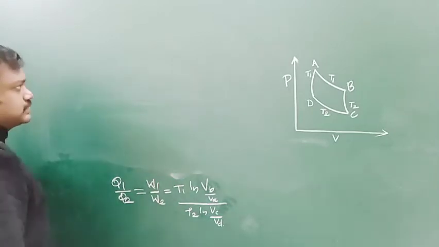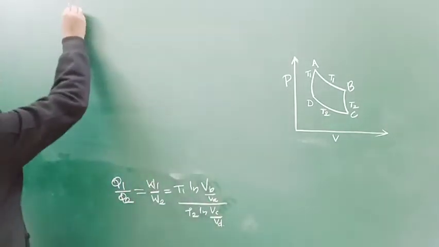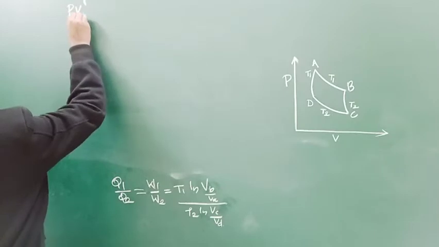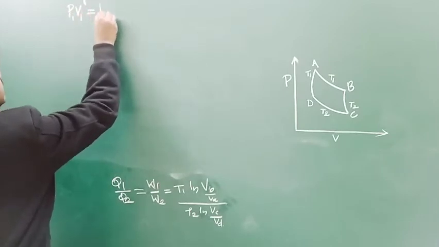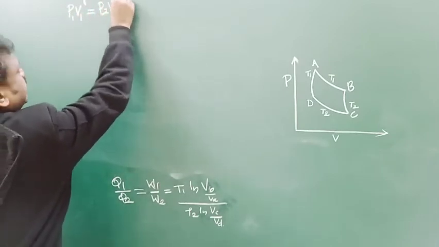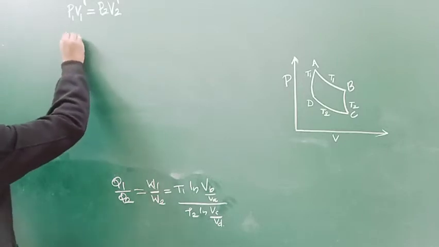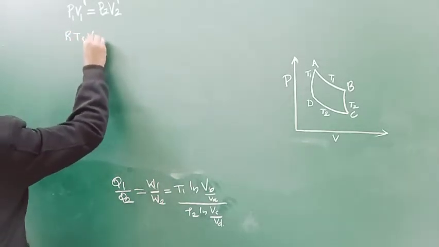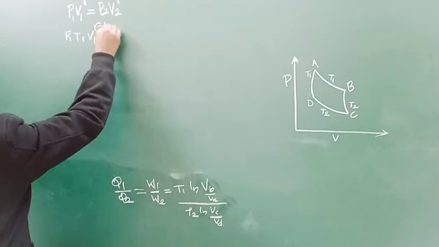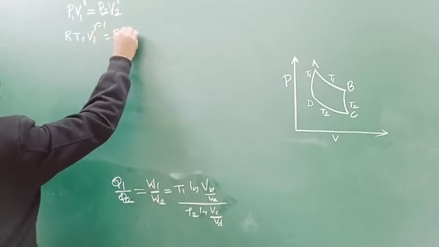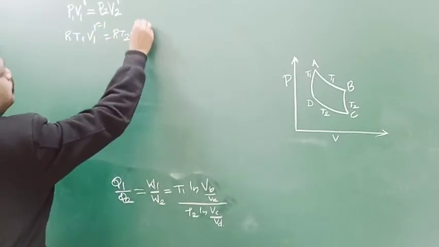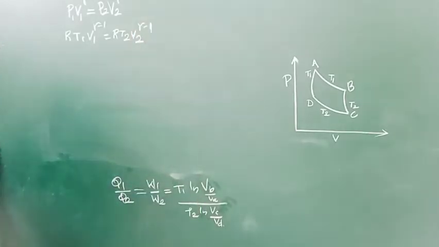For the adiabatic process, we have the adiabatic equation PV power gamma, that is P1 V1 power gamma is equal to P2 V2 power gamma, and P is equal to RT by V. So you can take this as RT1 V1 power gamma minus 1 equal to RT2 V2 power gamma minus 1.